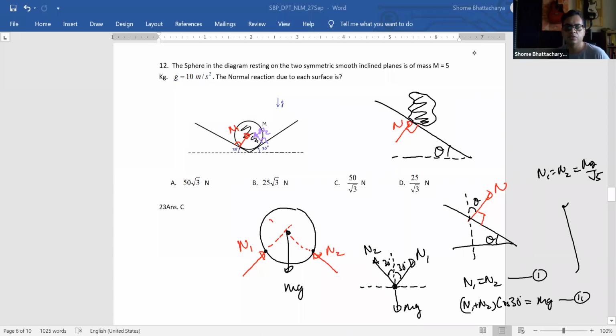So 50 by root 3 should be the answer. Hope this is clear, people.